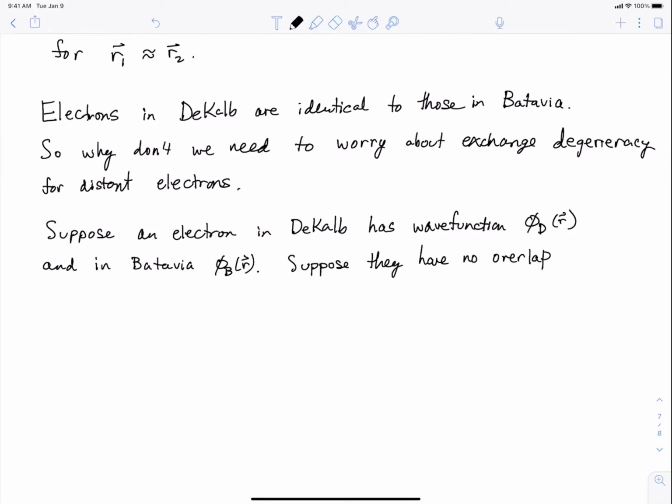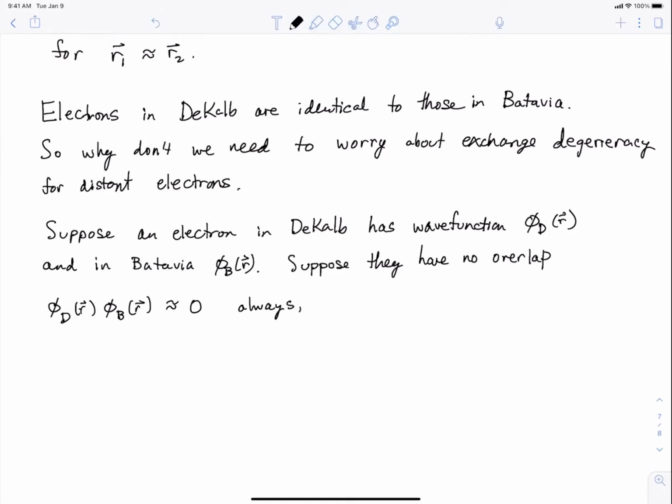But what no overlap means is just that if I take their product, that's very close to zero, always.